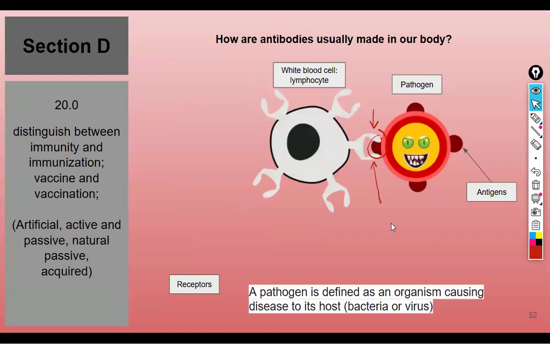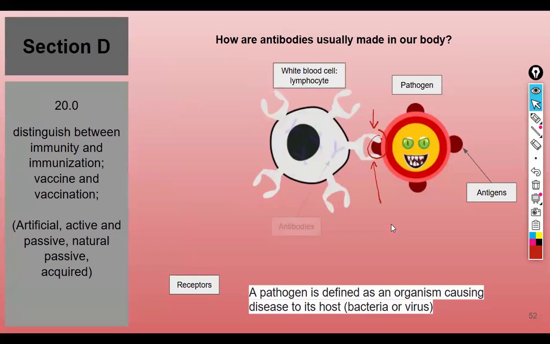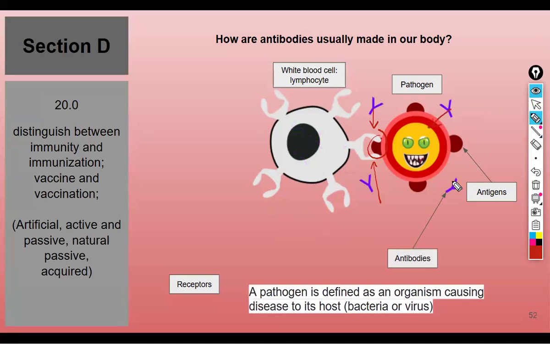So what the lymphocyte will do now, it creates antibodies. Inside the white blood cell, it starts to create these things that will kill that particular pathogen, and then it releases them into the environment. These antibodies will begin to attack the pathogen and kill it.